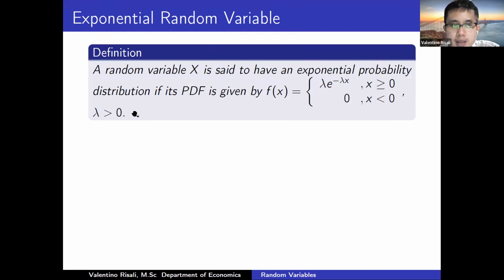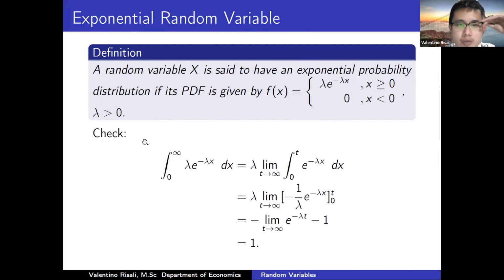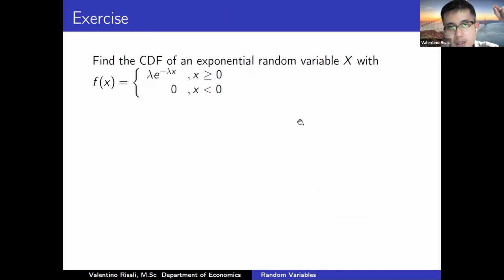And we must use lambda greater than 0. This is the exponential, and if we check this improper integral, it is equal to 1. So clearly it is a PDF. And then you can find the CDF as an exercise.